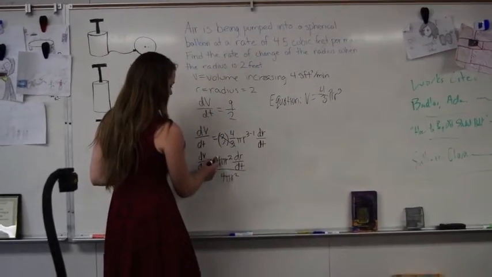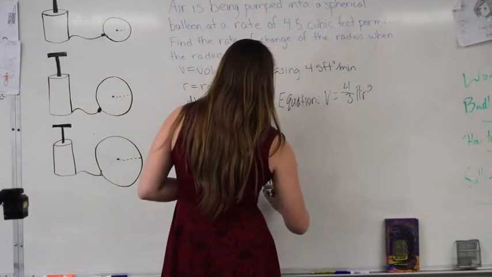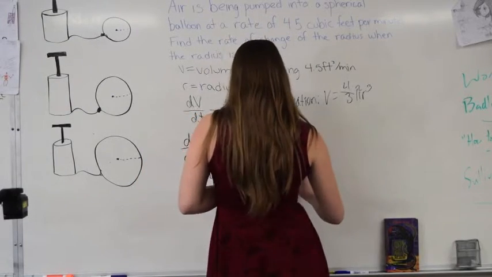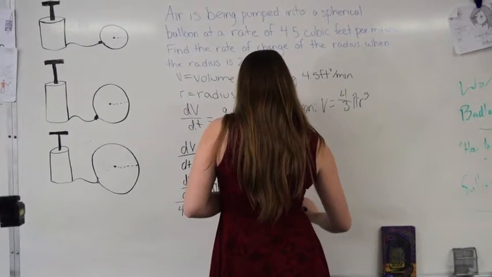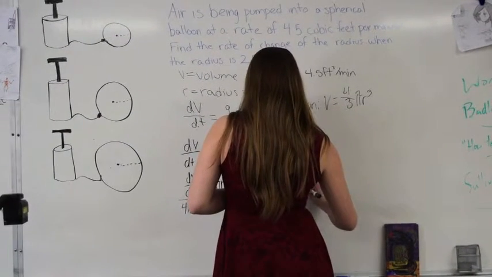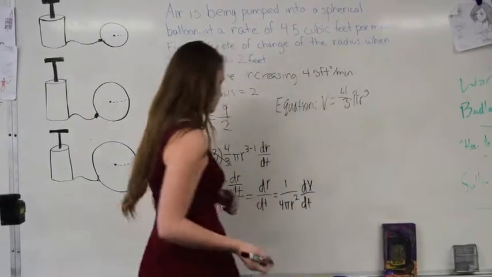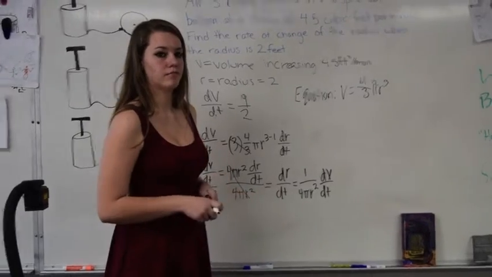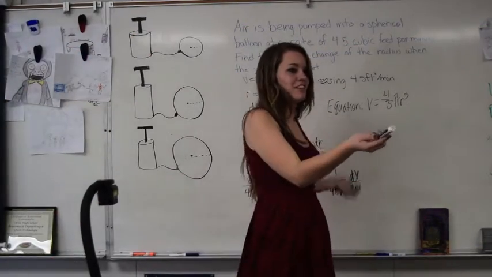And then after simplifying, dr over dt equals 1 over 4 pi radius squared dV over dt. And here we have dr over dt isolated. Who would like to come up and solve the rest of the equation?